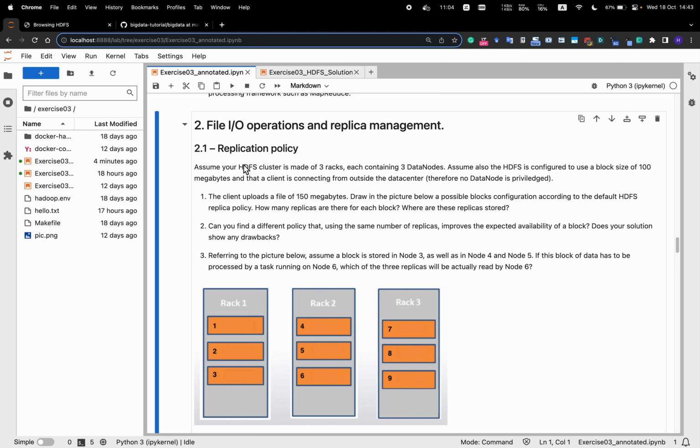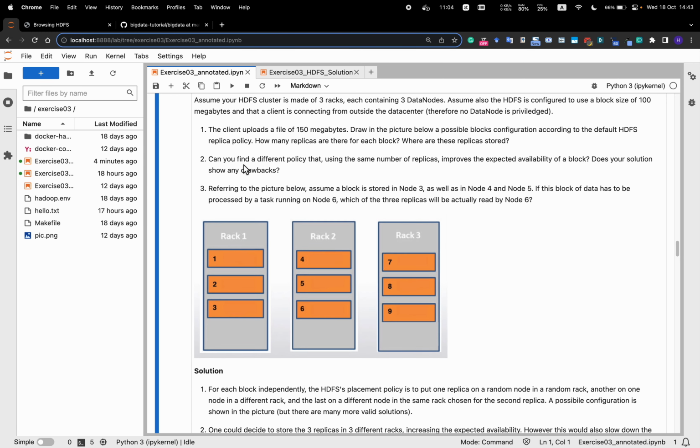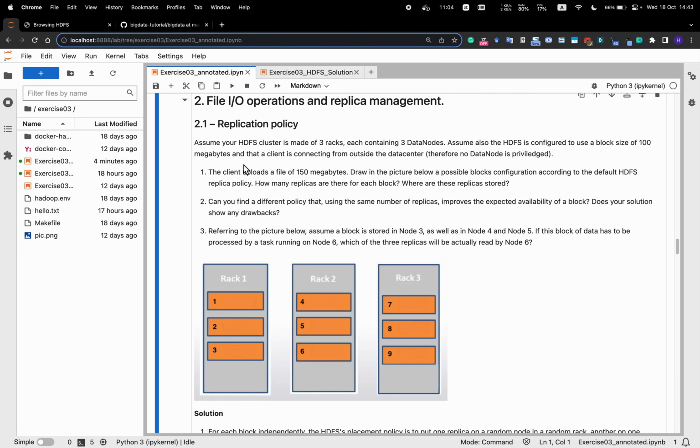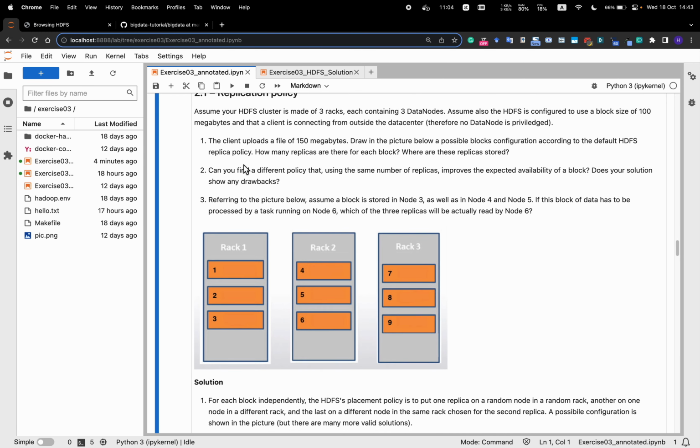The whole cluster needs to wait for at least one block to be in place somewhere in the cluster before moving on to the next operation. So that's why being on the same node or rack would be more efficient. Then we store in a second node and a third and so on.